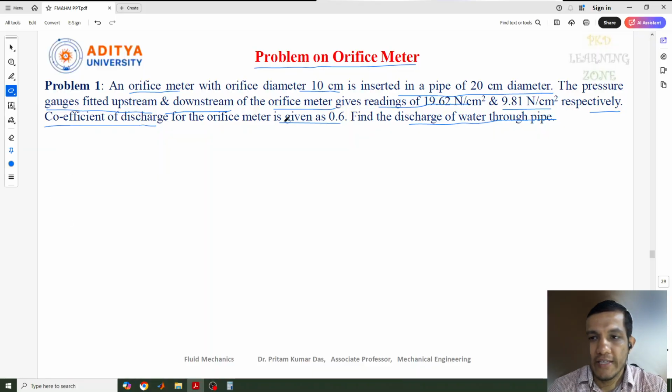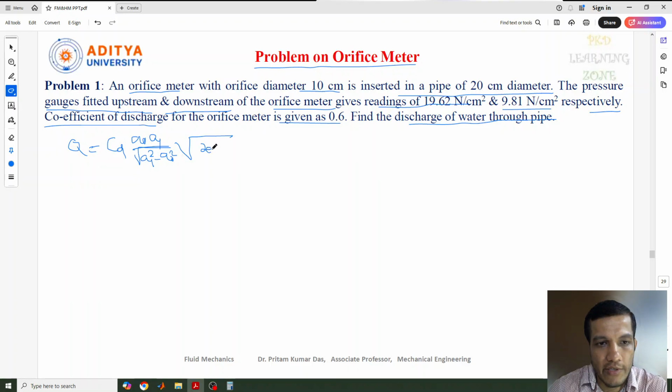So very simple, I'll directly go for the solution. We know that Q equals, we got the equation, that is CD A1 A0 divided by root over of A1 square minus A0 square, and root over of 2gh. This is our formula. And what data is given here?